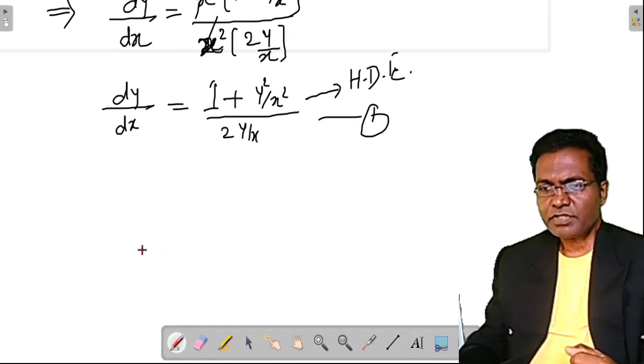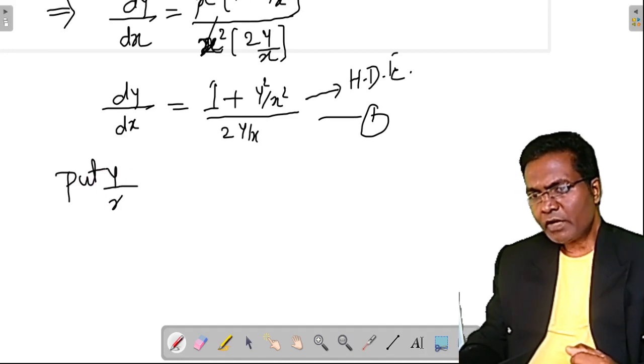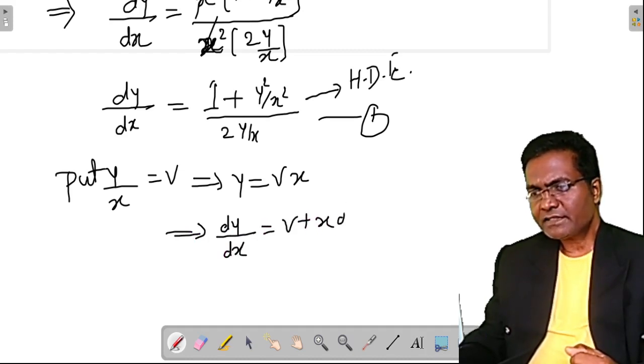Now make the substitution. Put y by x equals v, that implies y is equal to vx, which implies, differentiating with respect to x, these are the common things, v plus x dv by dx.